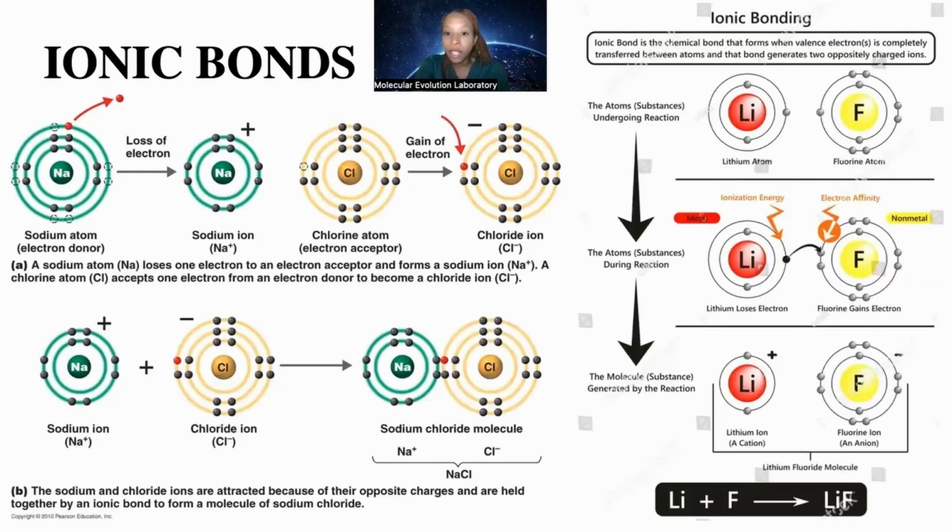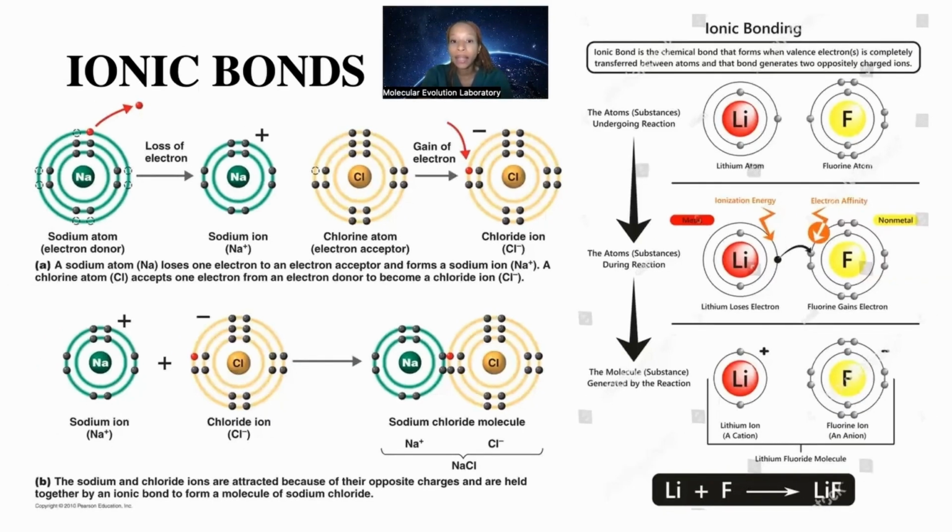Ionic bond is usually between a metal and a non-metal. And as we've said before, the group 1 metals, which form positively charged ions, and the group 17 non-metals we know as halogens, tend to form ionic bonds easily.